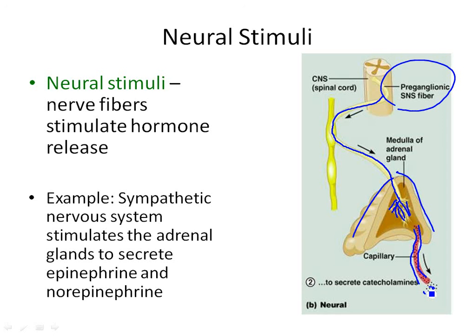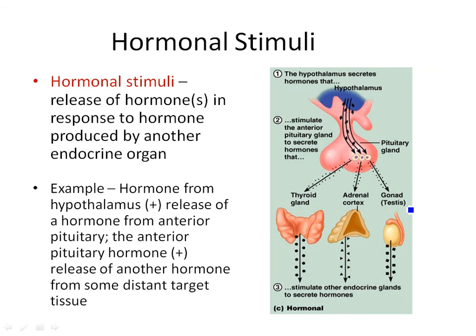So this is going to stay in the bloodstream for a much longer period of time, because if you do have to fight or run away from that bear, you don't want just a quick adrenaline rush, right? You want to have the energy to fight or to run, okay? So the sympathetic nervous system stimulates the adrenal gland to release epi and norepi into the bloodstream for that more sustained reaction.